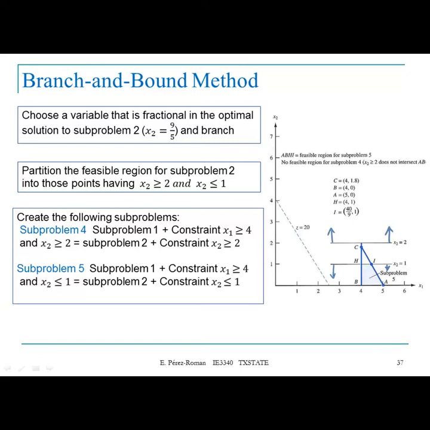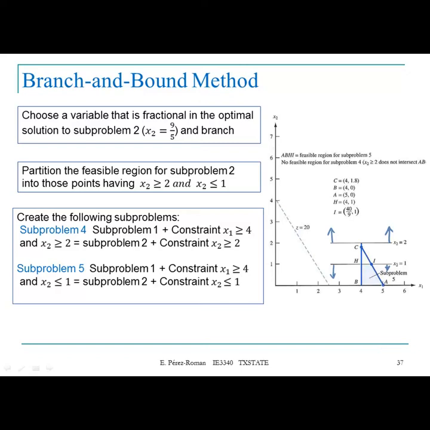Yes. So we are adding these two constraints, x2 greater or equal to 2 and x2 less than or equal to 1, because we know this is a fractional value. So we are repeating this process. This is 1 point something, let's say 1.3. So this is 1 and this is 2. You are adding those constraints again, which are the ones represented here.